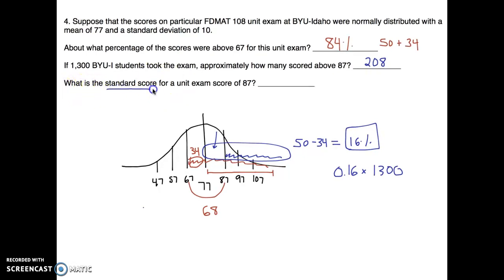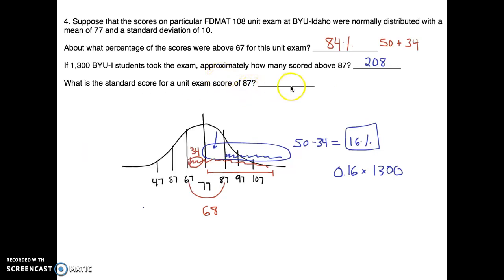Okay, so standard score, another name for that is z-score, which if you look on page 389, it gives you the z-score formula. So we're going to take the data value that we're dealing with. So in this case, it's 87. Here, let me write the page number really quick. Let me actually do a different color again.